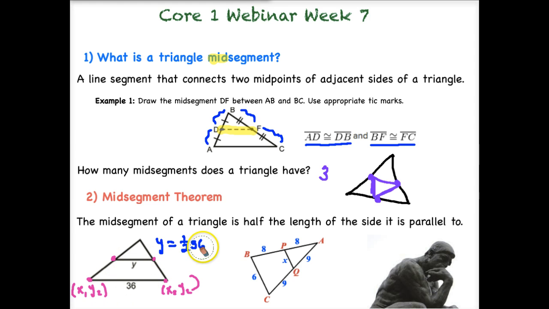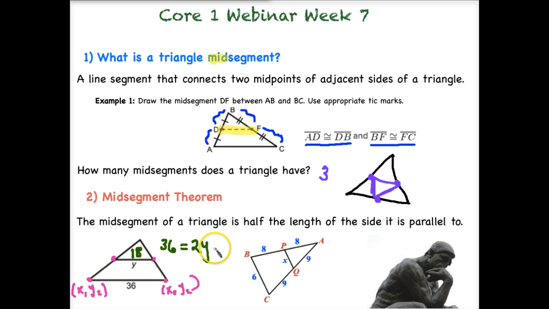That's a little more difficult mathematically, so we can write it a different way. 36 is double y. This length is 2 times longer than y, so if I double y, it should equal 36. Well, I know y is 18, because half of 36, and if I double it, I get 36.